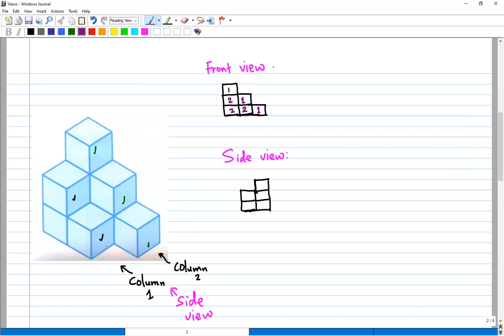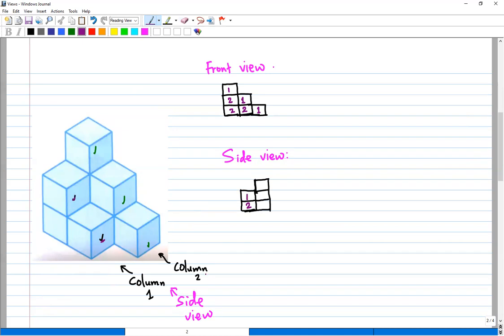When we get back to column 1 and we look at level 1, you see in front we have 1, but behind there is another cube. So here we write 2. And second level, we have only 1 cube behind. In front, we don't have any cube. So we write 1. Okay.